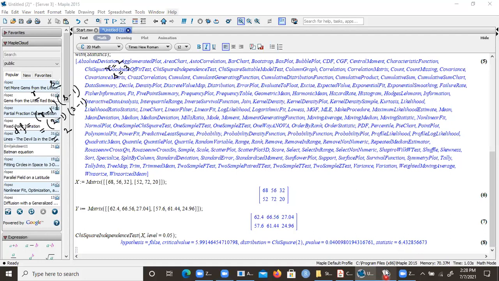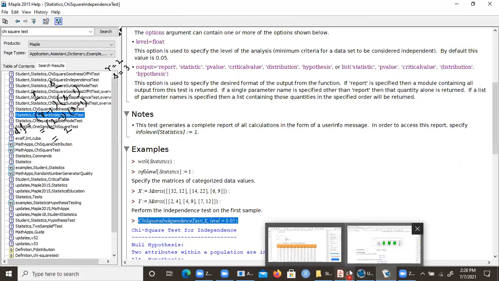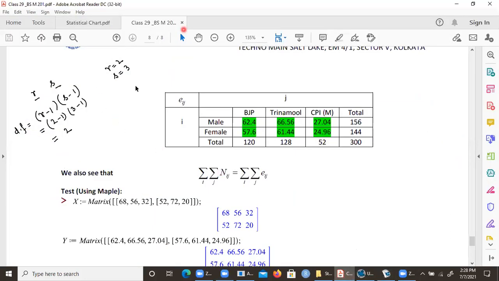If you calculate this by the formula, double summation over i, j, (nij minus eij) whole square by eij, you will see that it will be approximately equal to 6.43. You can check it.